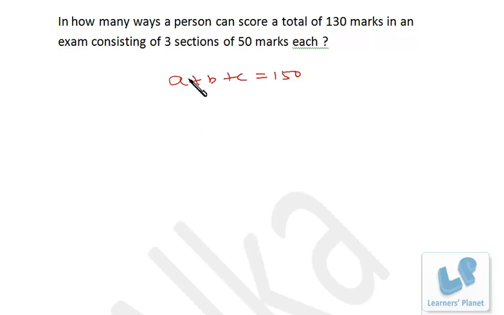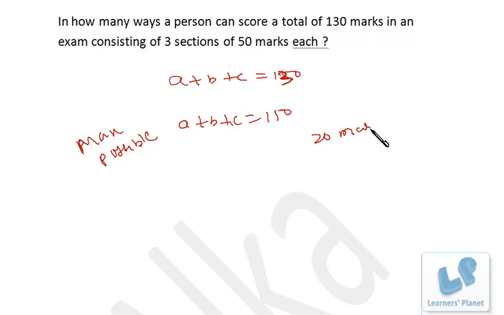Here we want 130. Maximum marks possible, that is A plus B plus C is 150. That's the max possible. So precisely, if he is getting 130 marks, that means in all this person is losing 20 marks.